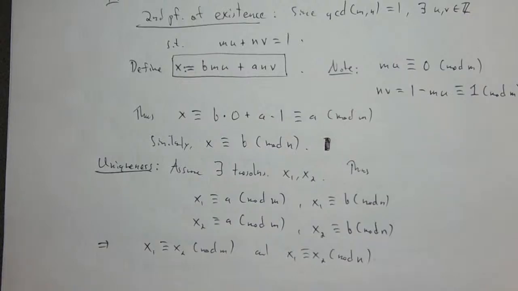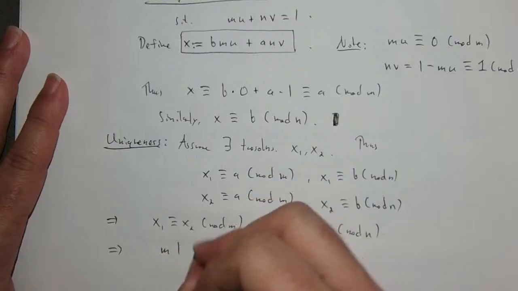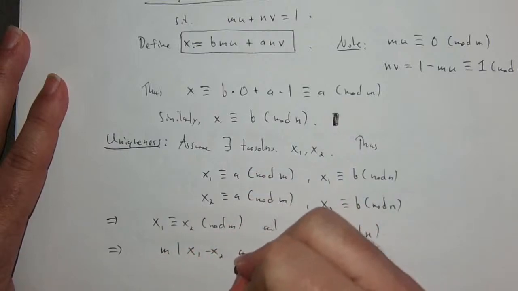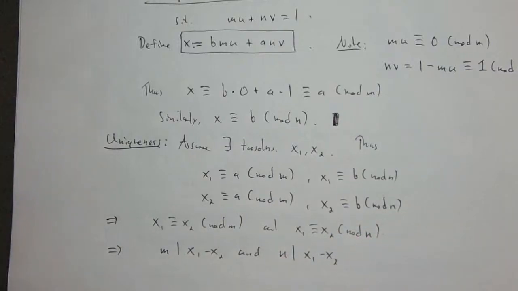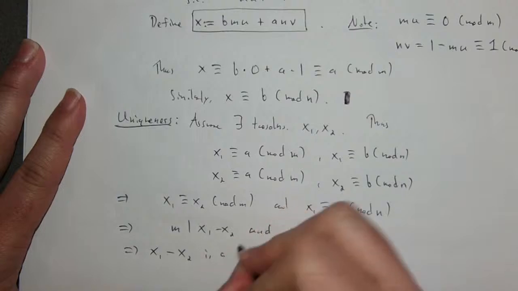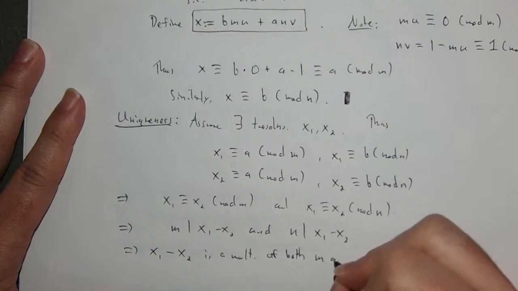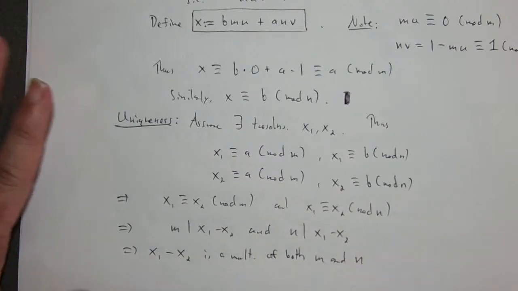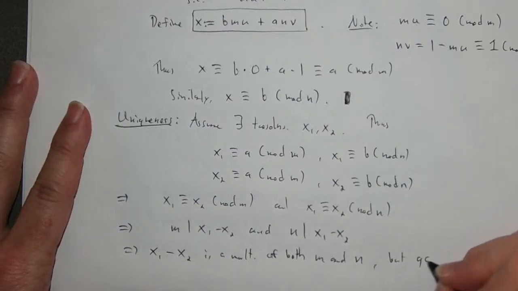Thus, by definition of congruence, m divides x sub 1 minus x sub 2, and n divides x sub 1 minus x sub 2. Thus, x sub 1 minus x sub 2 is a multiple of both m and n. But the GCD of m and n is 1.